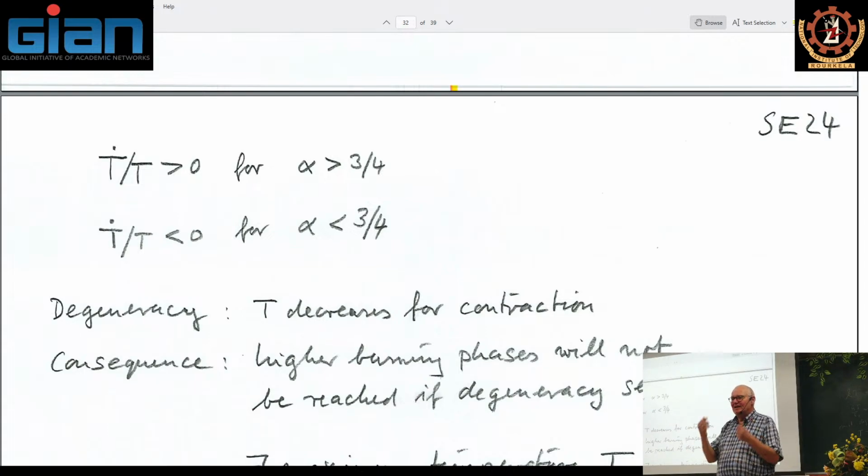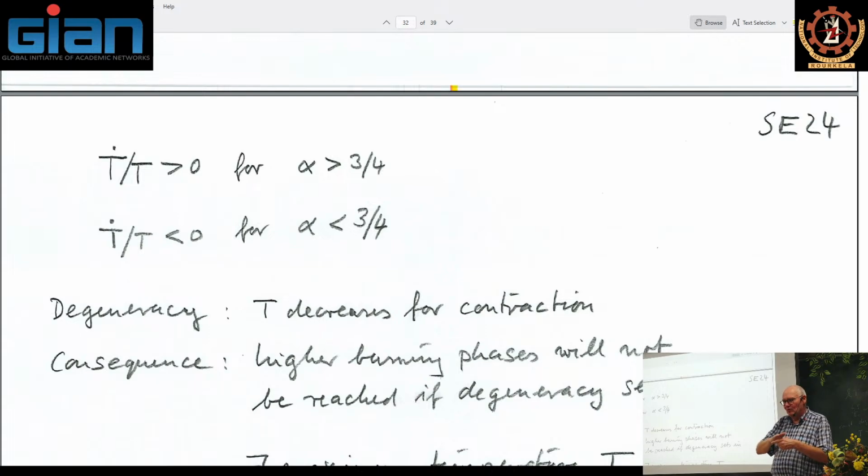Then we would get an infinite temperature. This is prevented here by the fact that the stellar matter becomes degenerate. So this quantum mechanic effect of degeneracy really influences on a macroscopic way. Degeneracy is usually thought to be a microscopic effect. Here it has macroscopic consequences, because this quantum mechanic effect of degeneracy prevents the star from getting infinite temperature.